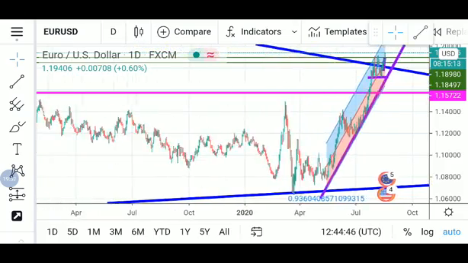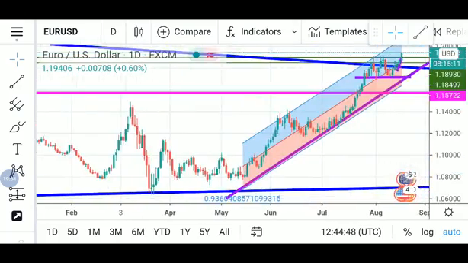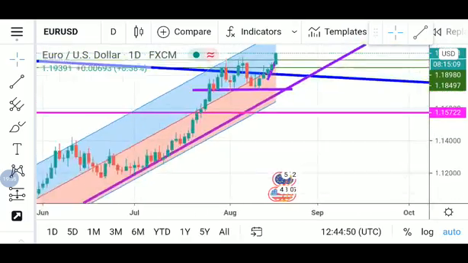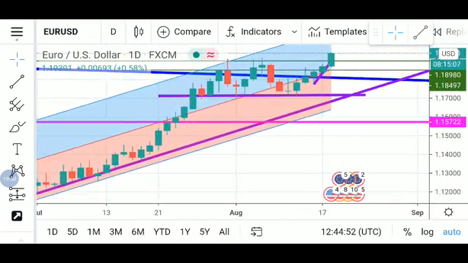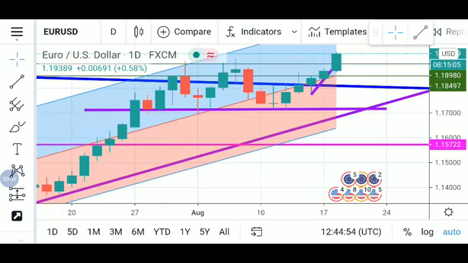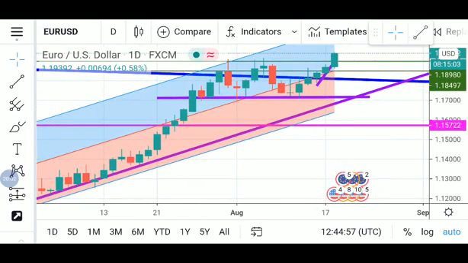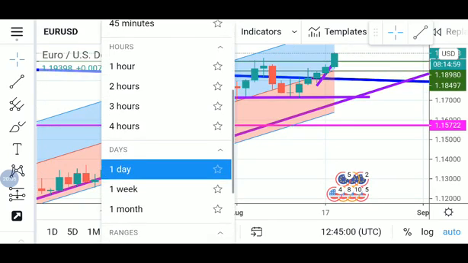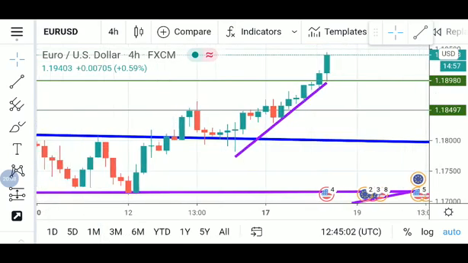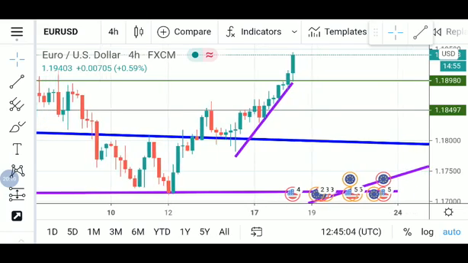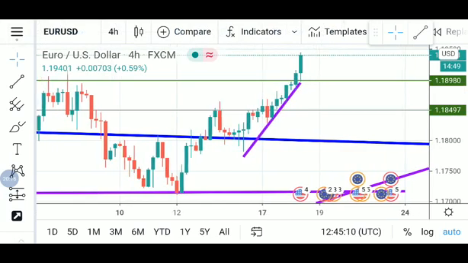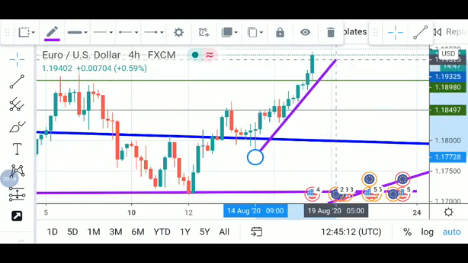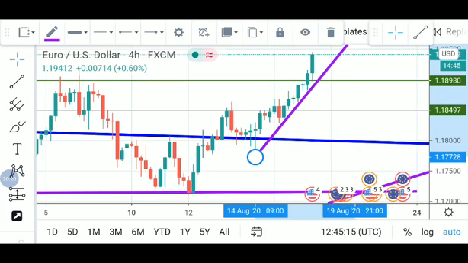Your Fibonacci tool, which we have not covered, can be used to do that. But at the same time, you can put your take profit somewhere. Let me go into closer view. You can put your take profit and go to 4 hours. Right now we are about to lose it, because it's going far, but it will come back down and then we can go in again.